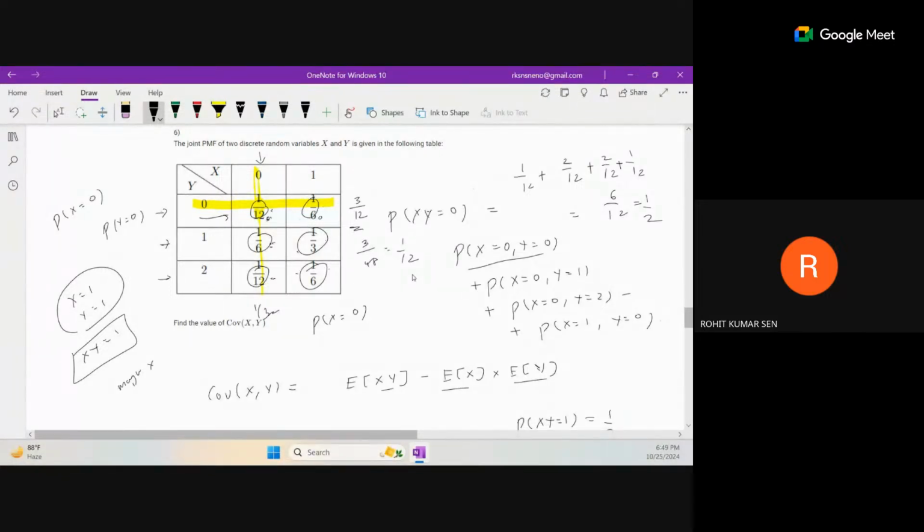Otherwise you cannot. So if the question asks you whether x and y are independent or not, you need to solve in this way. If they ask you what is the covariance, then you have to find the covariance. So this question is clear to everyone?